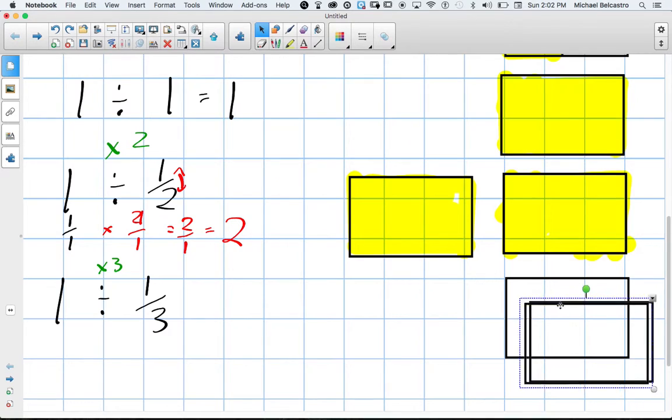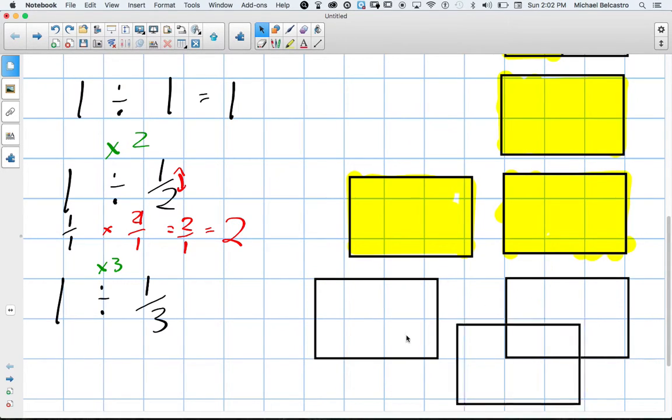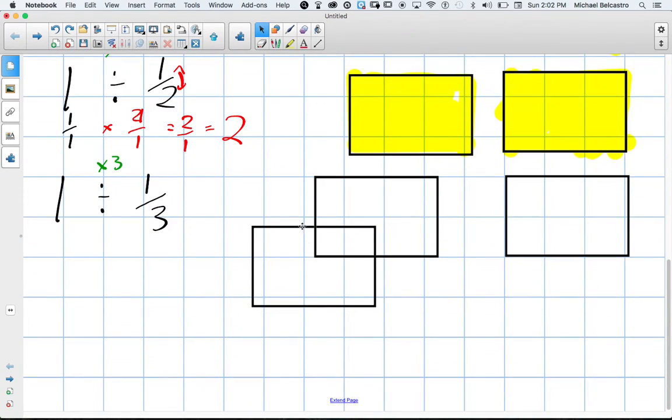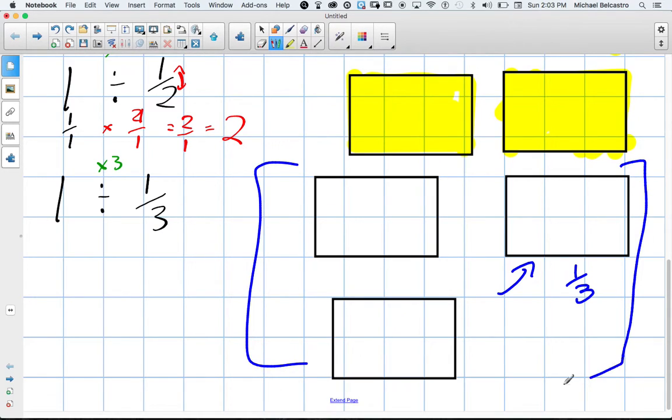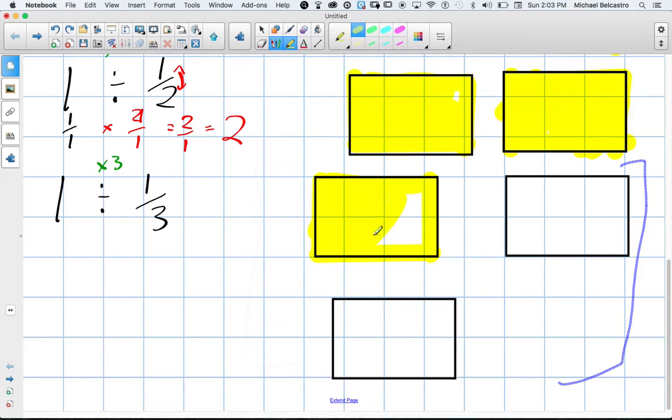Boom. Now this was our original, this guy here. He is a third of our total final answer. Our total final answer is 3 pieces. I'll highlight what our final answer would be.